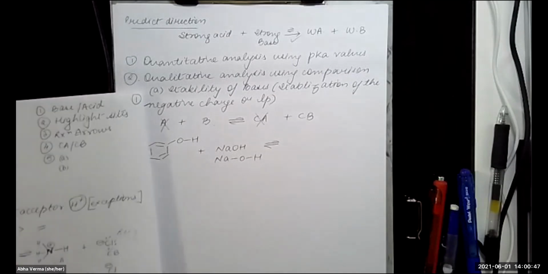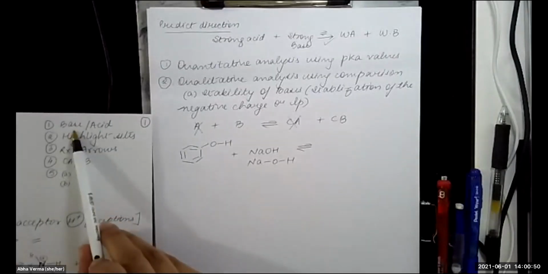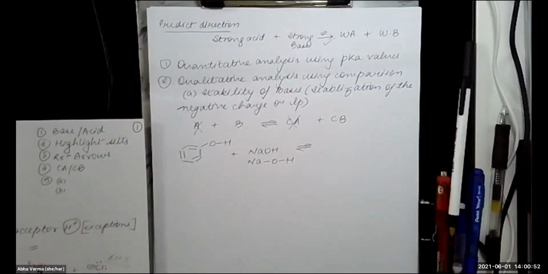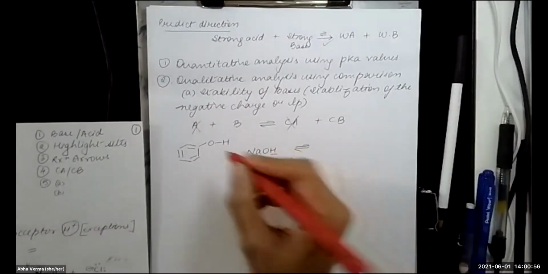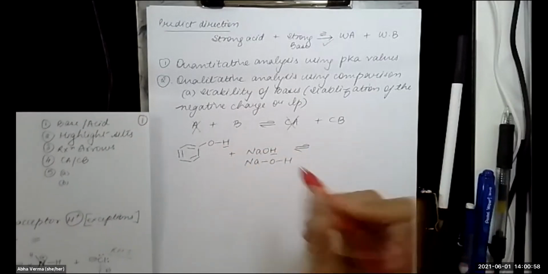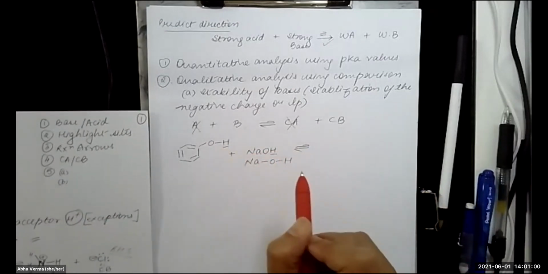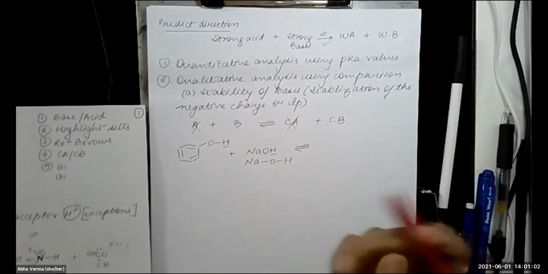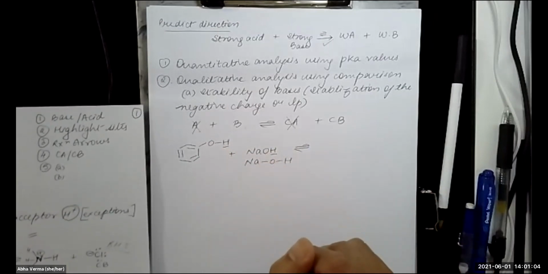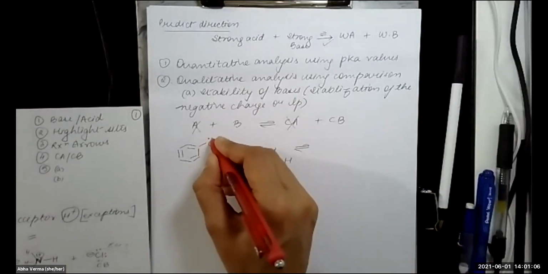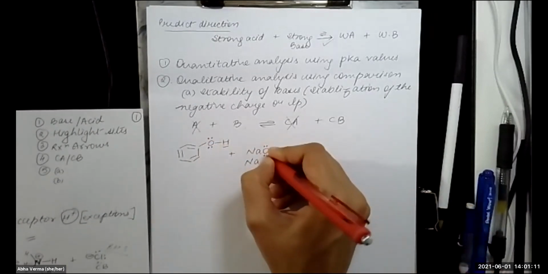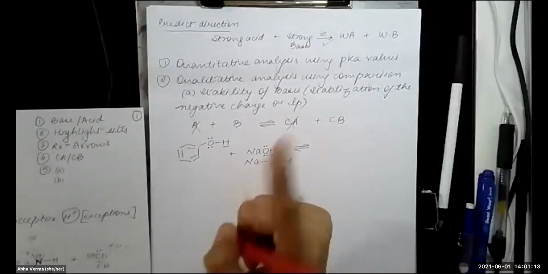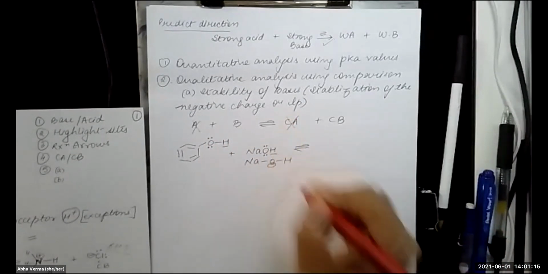First of all, I'm going to label which is my acid, which is my base. Let's say I have this. I know there are hydrogens here. I know there are hydrogens here. But which hydrogen is going to be more acidic? I'm not sure. Let me look at my donor now. I know that there are these two lone pairs here. I know that there are these two lone pairs plus a negative charge.